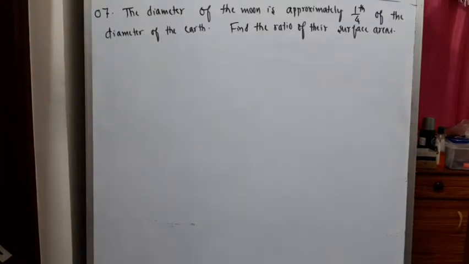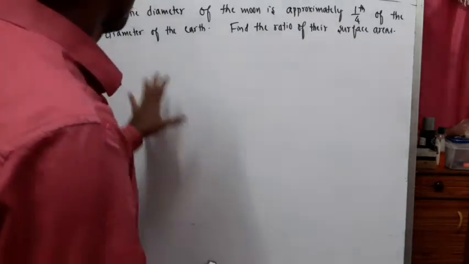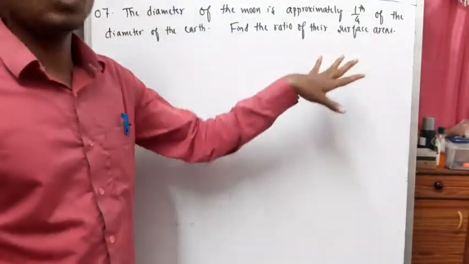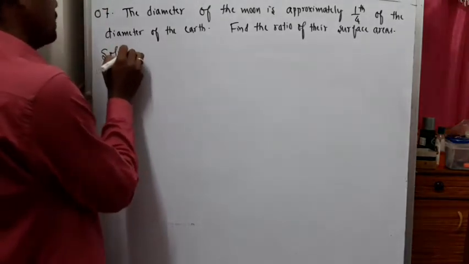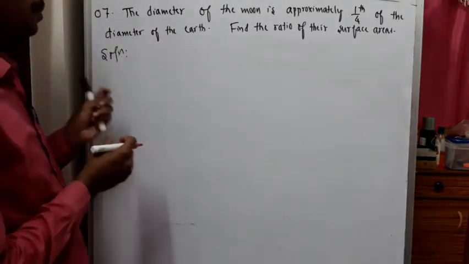So seventh question, the diameter of the moon is approximately 1/4 of the diameter of the earth. Find the ratio of the surface area. See what they have given.